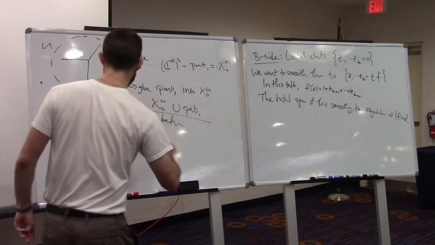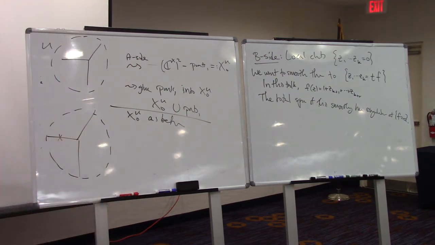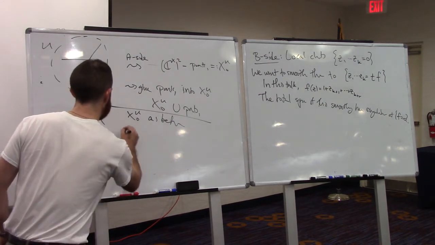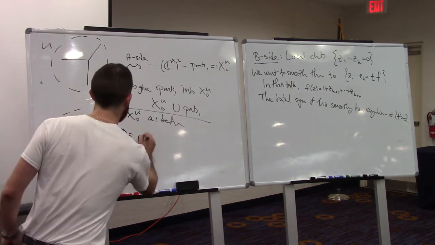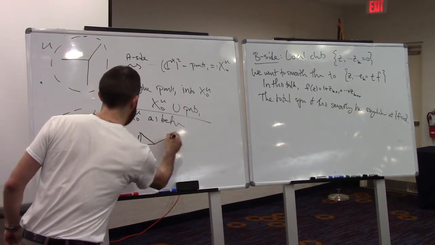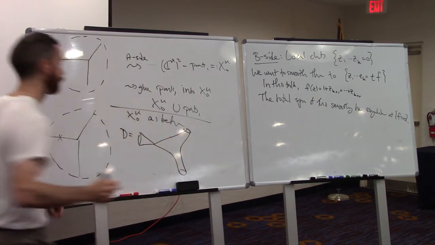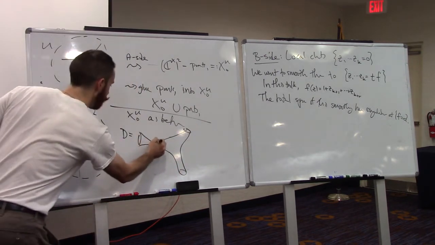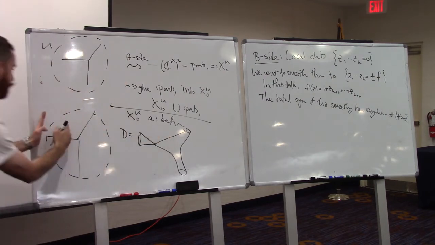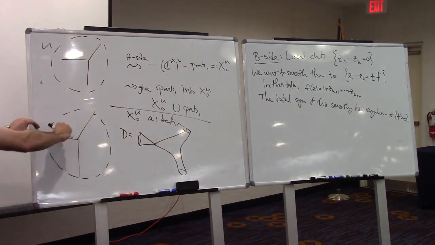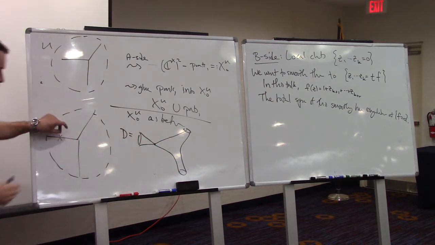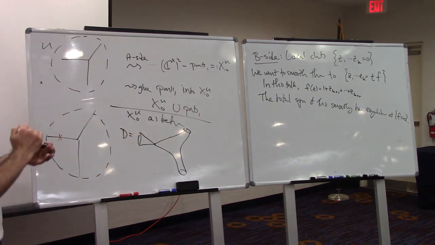But now D is going to be a pair of pants with a node in it. Locally near this node, you're seeing the moment map for the leg of that pair of pants having a node here. So that's what this little chart is supposed to denote for you. Does that make sense to people?